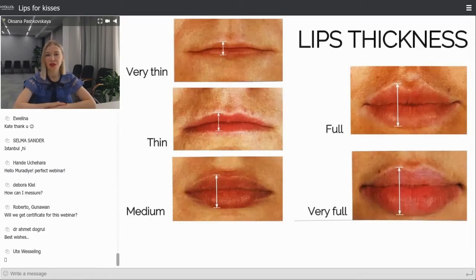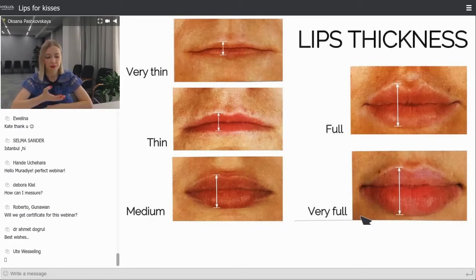Hi everyone, best wishes. We are continuing, and now we will pay attention to lip thickness. Also, it's an important question, because sometimes girls come to me and ask, they have very thin lips, and they ask me to make their lips full, for example, or very full, like Angelina Jolie has.